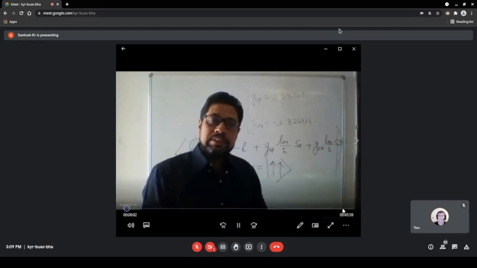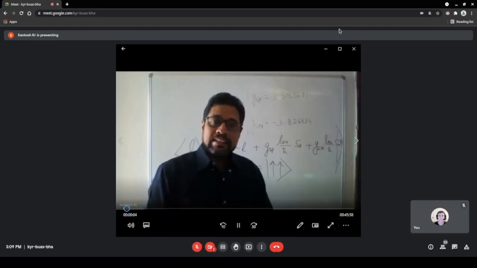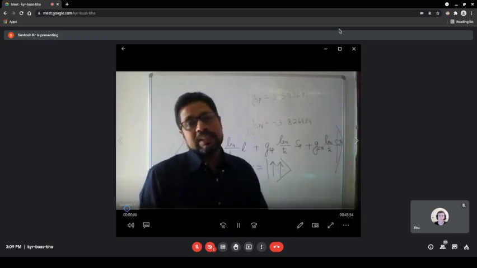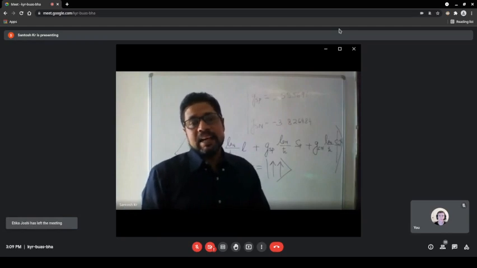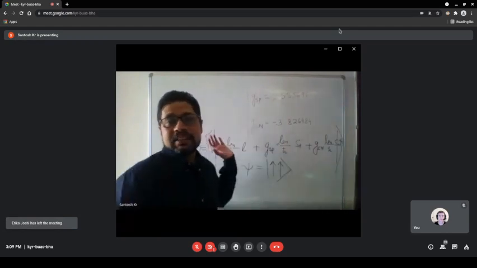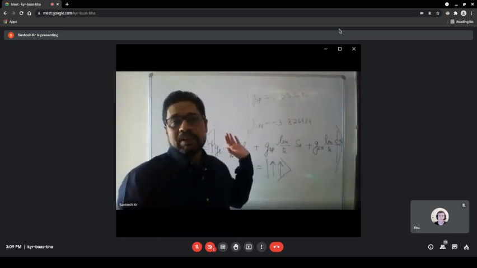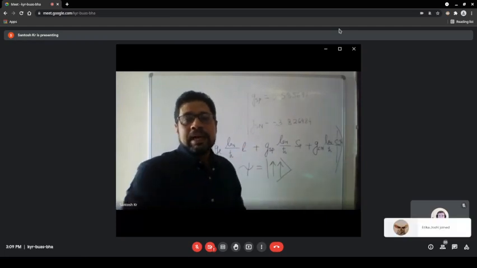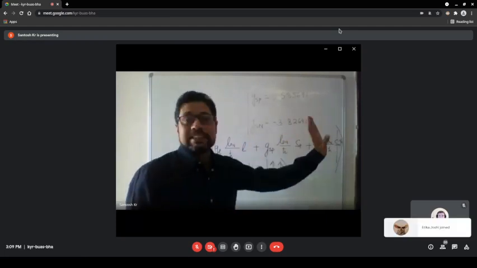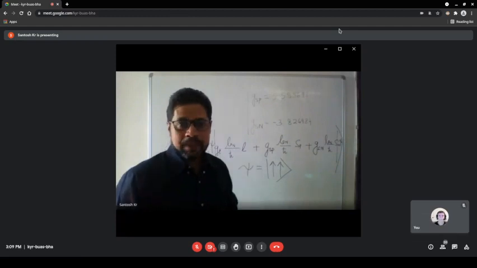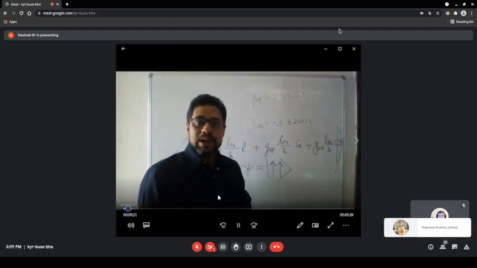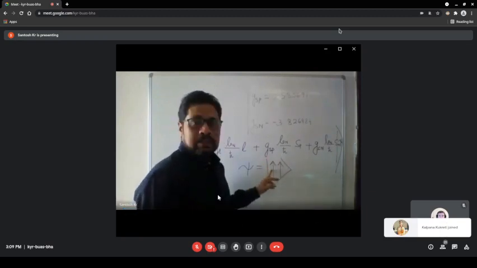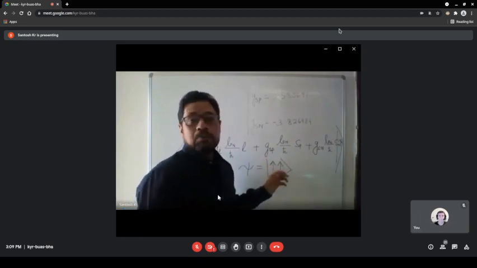We found that I is equal to 1 will satisfy. And for that, this is the magnetic moment operator, and we'll use this. For A equal to 1, for neutron and for proton, both are up and up.